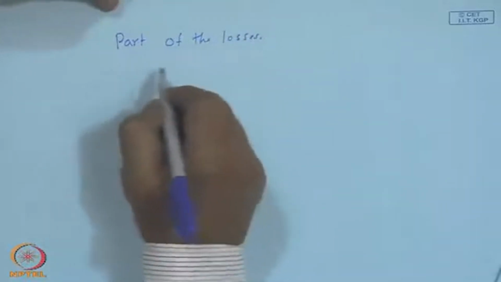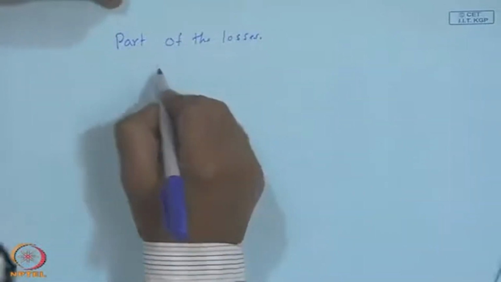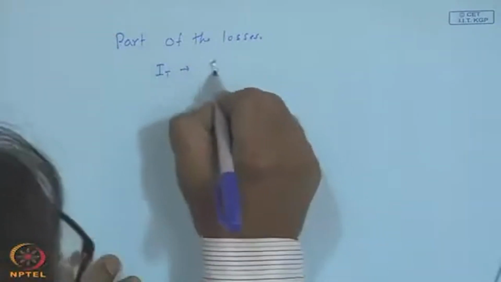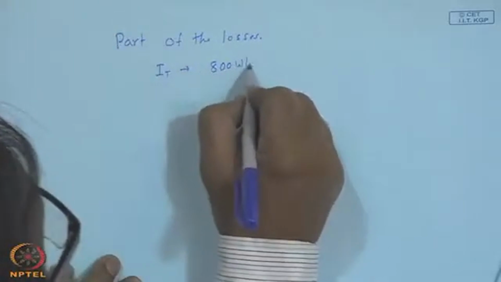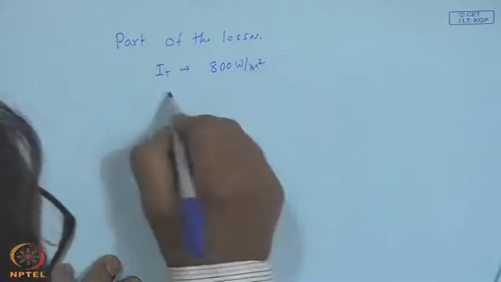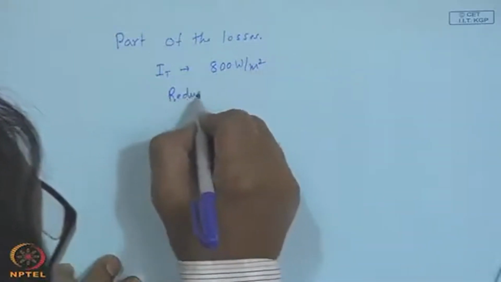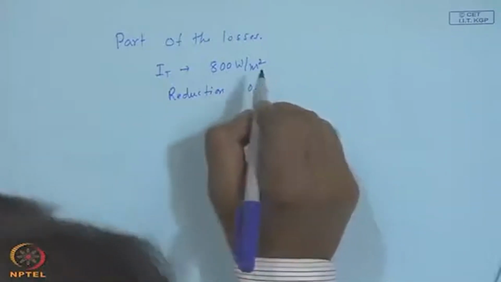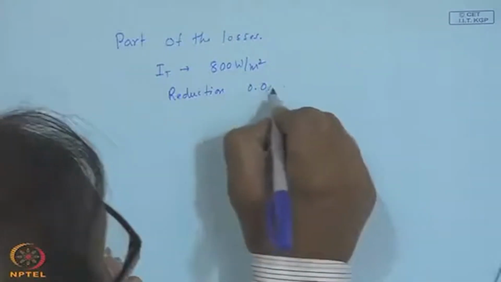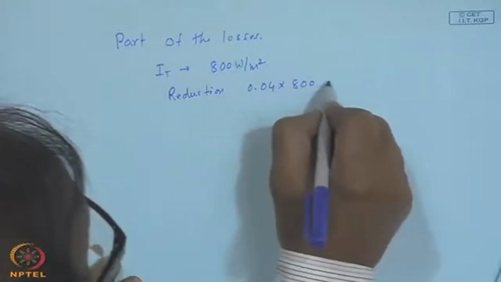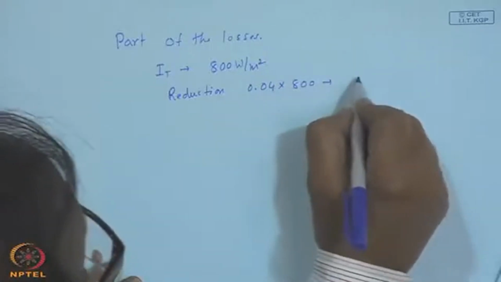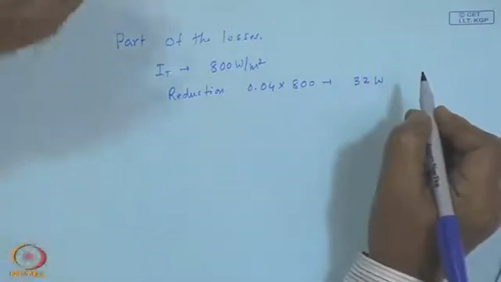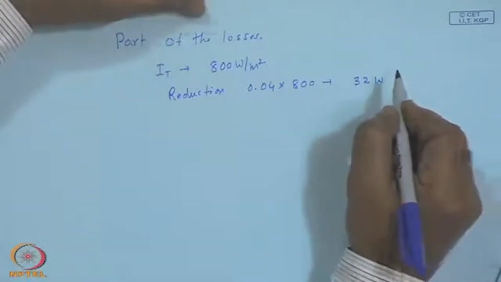So, if you have got IT corresponding to 800 watts per meter square, the reduction because of alpha would be 0.04 into 800, that is about 32 watts.